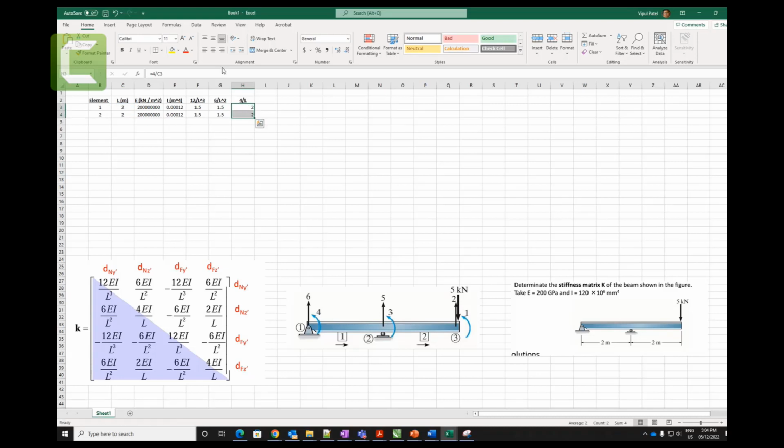And you can scroll it down. And then you need to do 2 on L, the last one. Control C, Control V. You will get 2 divided by length. I hope you understand that.